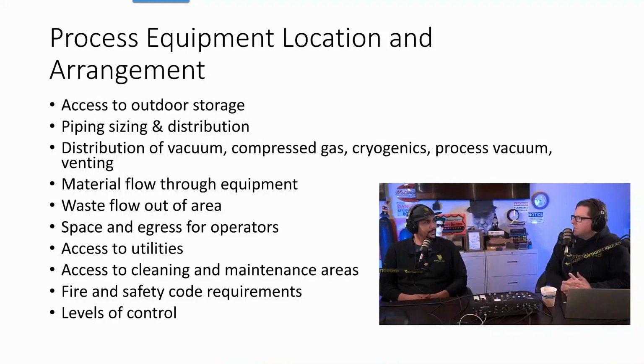Piping, sizing, and distribution. Let's talk about that. If you have a big outdoor glycol chiller unit and you're going to distribute that, you have to be able to distribute different flows and different temperatures, maybe even to different processes. Those pipes have to be a certain size with all the bypasses. That's what they call a P&ID diagram.